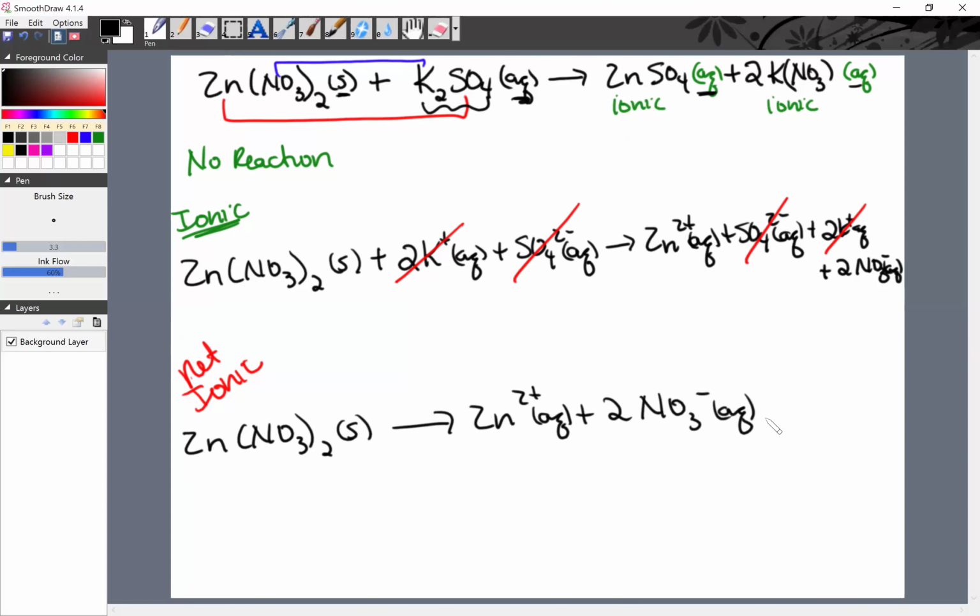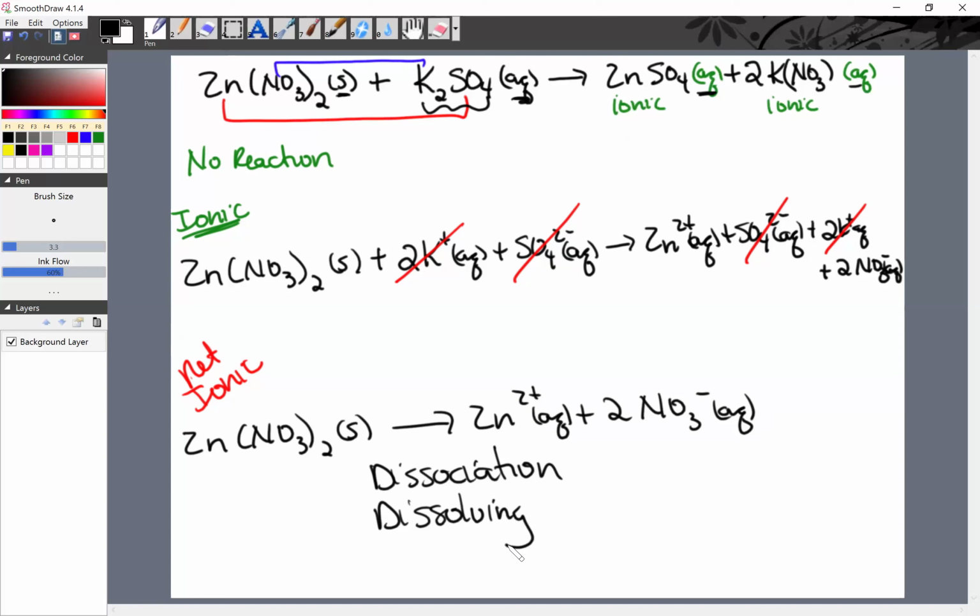And if you'll notice, that's a dissociation equation. The only thing that's happening is it's dissolving. It doesn't even matter that it was potassium sulfate in there. It was just carrying, there was water.